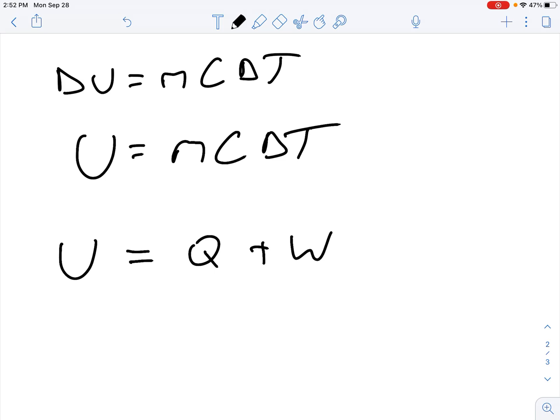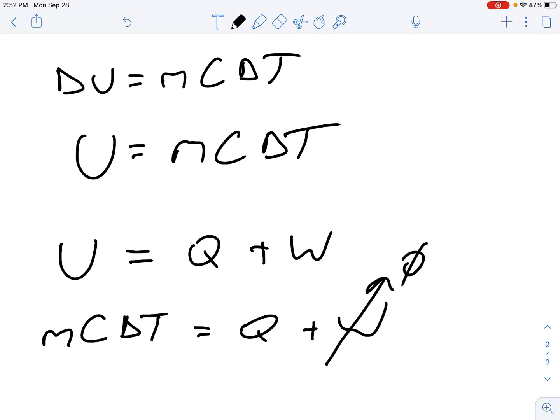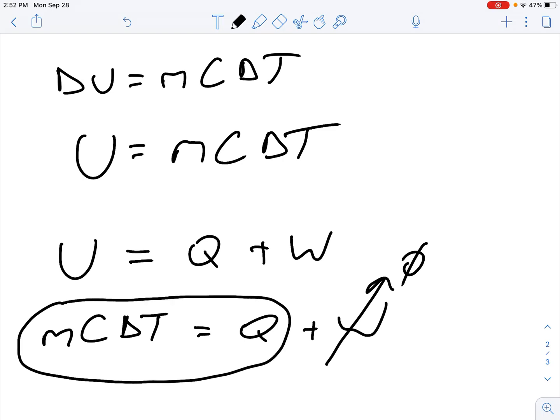Either way, that changes the internal energy. The internal energy, we said, could be written as MC delta T, so that has to equal Q plus W. Which means the equation the book gave for heat is assuming that there is no work being done. If no work is being done, then the amount of heat is in fact MC delta T.